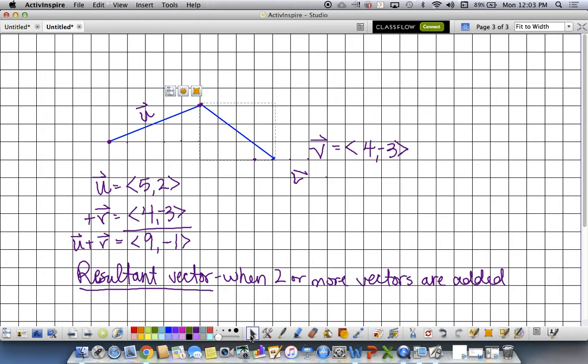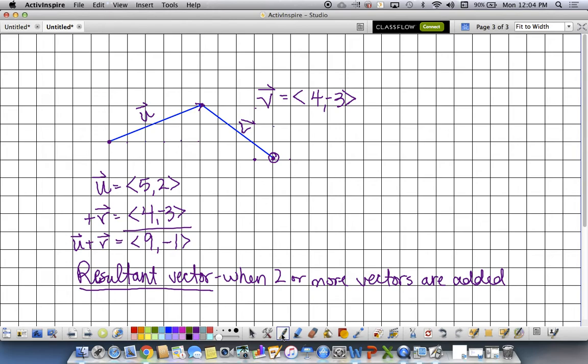Vector V and vector U, if you're going to add them visually, it's like taking the terminal point of one and putting it at the initial point of the other, or putting the initial point of V at the terminal point of U. So if I erase that dot, you can see the terminal point of U is right with the initial point of V. Now my resultant vector should end at the final terminal point.